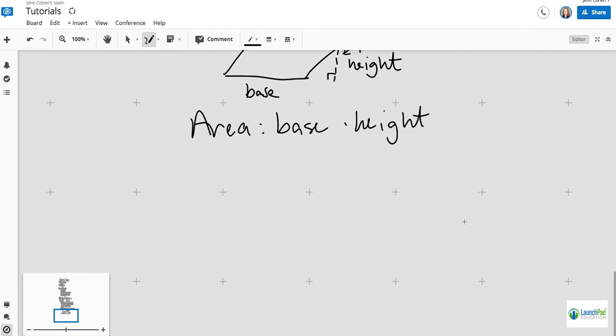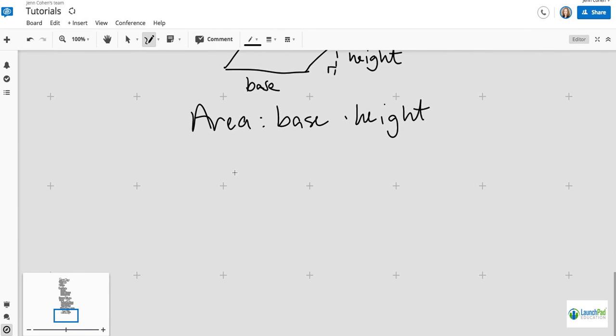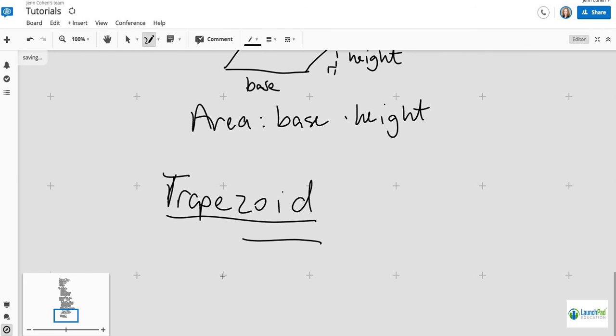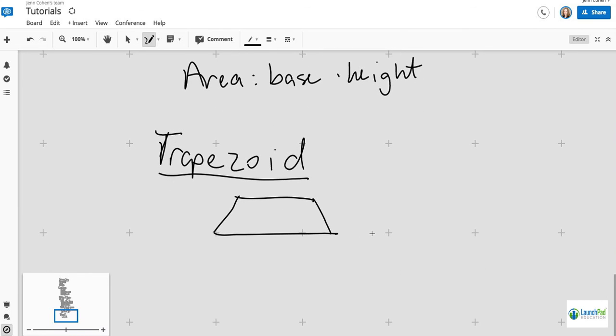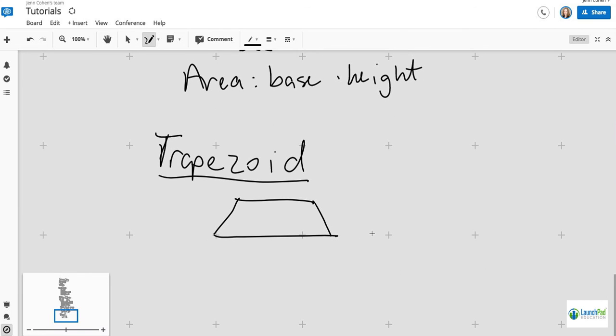Okay. The last kind of funny four-sided shape that the ACT likes to test is the trapezoid. Okay. And trapezoids look something like this, where you have two parallel sides and then two not parallel sides. And you can't really say anything about the sides of a trapezoid having any kind of relationship to each other.